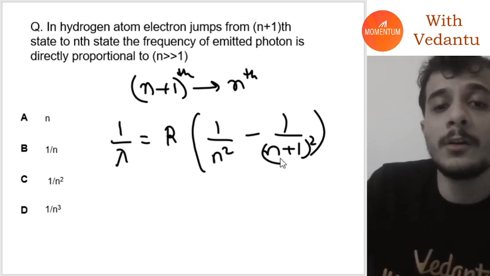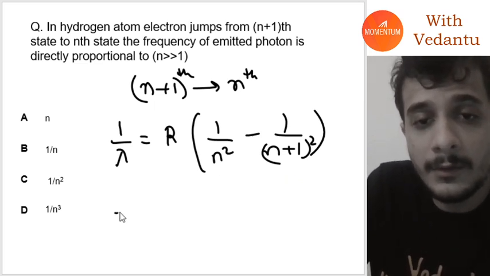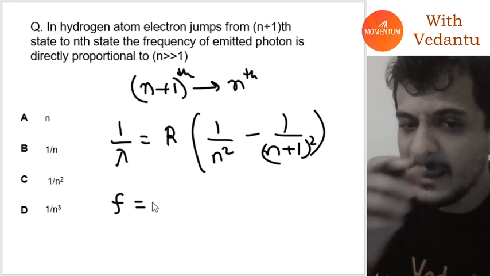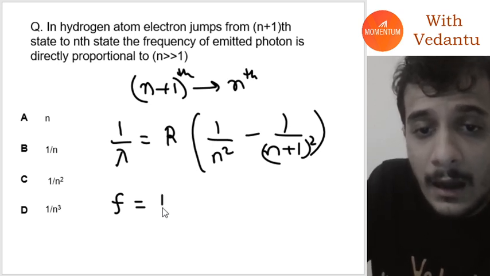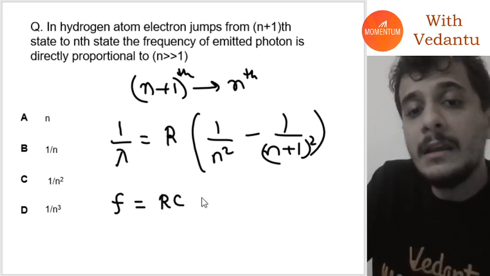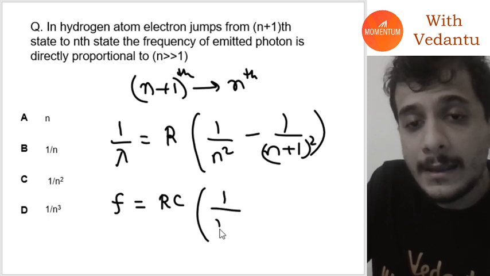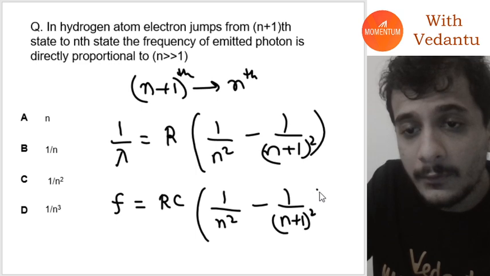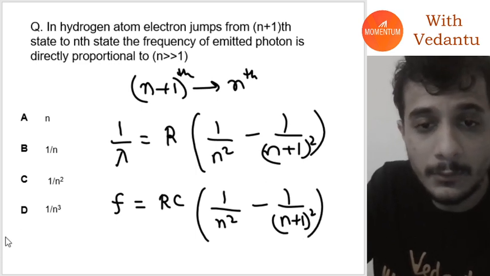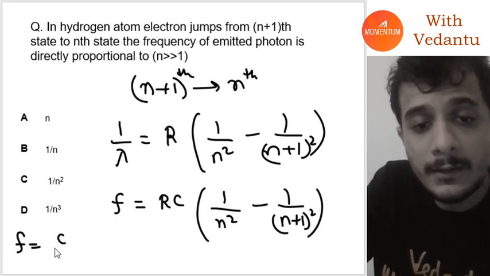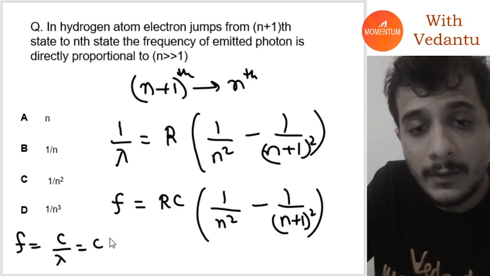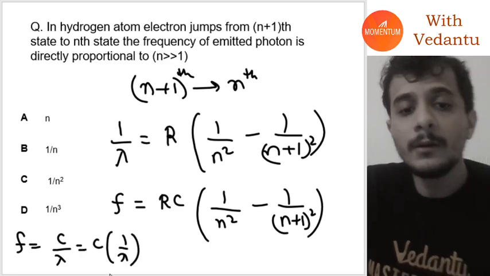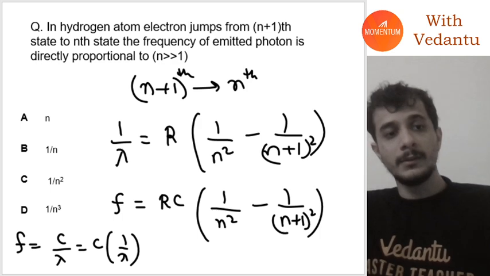From this, if you want to write the frequency, you can write this as f equals c R into 1 by n square minus 1 by n plus 1 the whole square. If you're wondering how I wrote that, you have to remember that frequency is nothing but c by lambda, or c into 1 by lambda. From this I get the frequency equal to this.